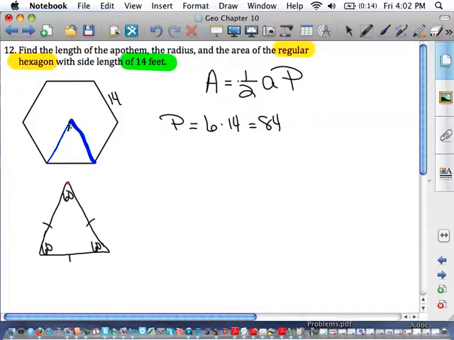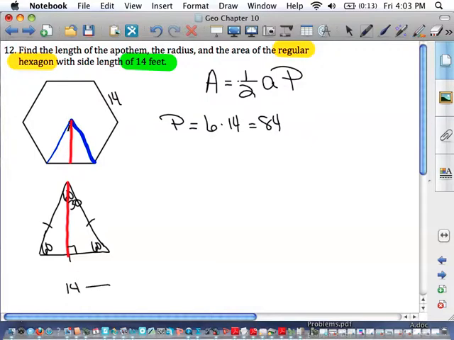When I construct the altitude of the triangle, which is also the apothem of the polygon, of that hexagon, I then divide that into a 30, 60, 90 right triangle.